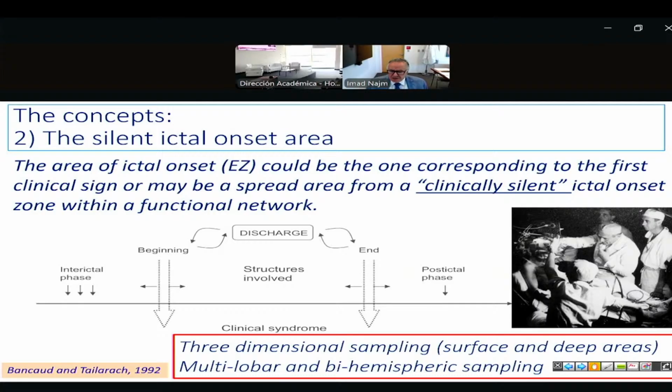So the implantation of SEEG based on semiology, and then extending it to potential silent areas that could be connected to the semiological areas in the brain, will come up with a three-dimensional sampling of the network involved in the seizure.